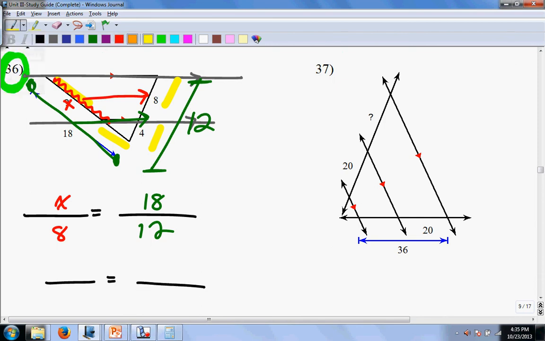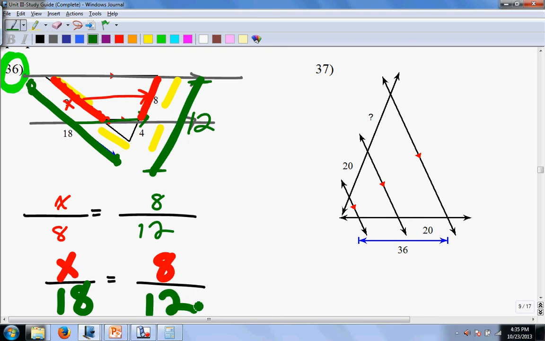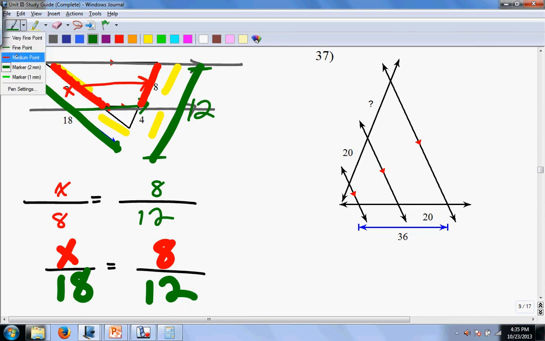You could also have done this. Okay? I'm going to trace. You could have done segment over whole. So segment over the whole thing, which is 18, equals segment, which is 8, over whole, which is 12. Excuse me, that is 18.